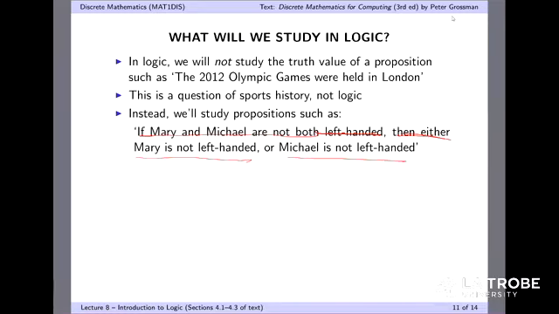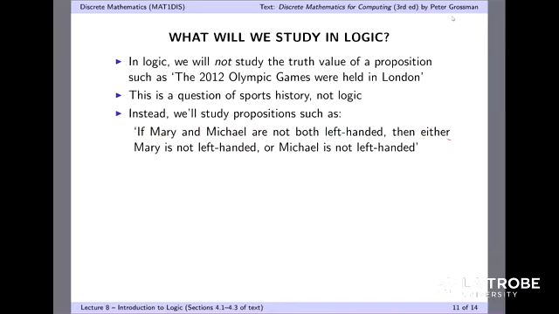So we don't have to determine the actual truth value, but we have to look at how one statement implies other statements. What are the possibilities? Given the fact that they are not both left-handed, there is at least one possibility that either Mary or Michael is not left-handed.